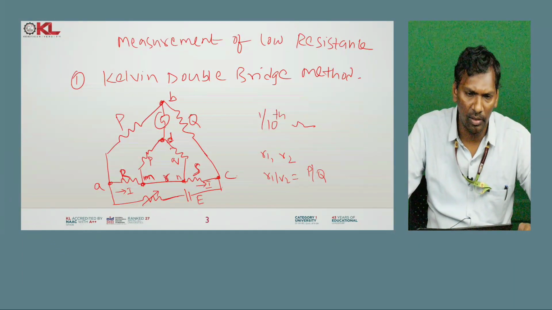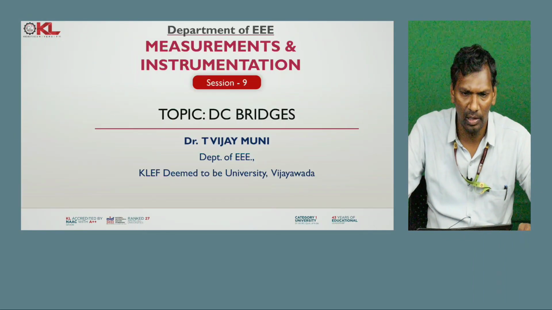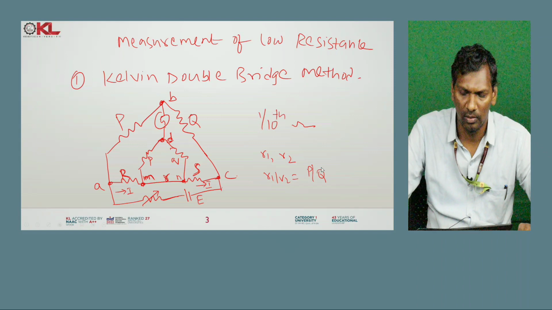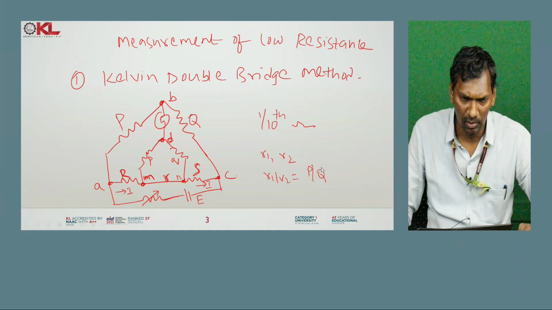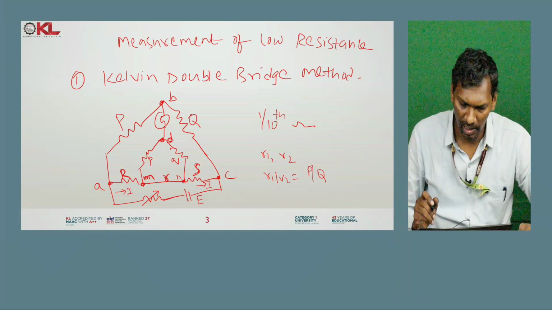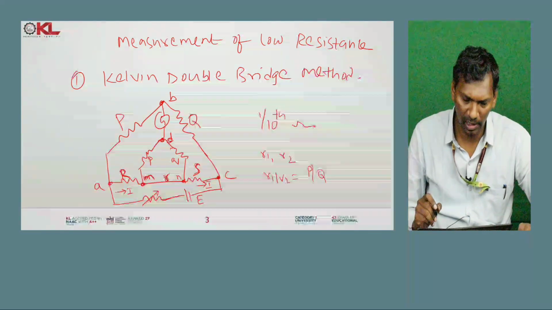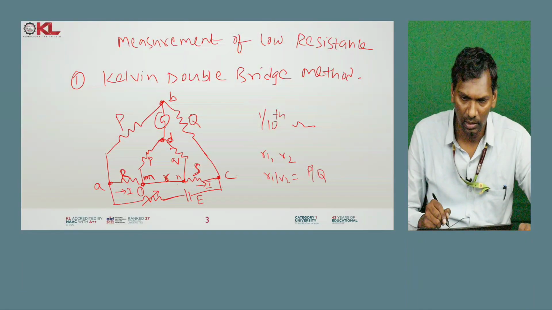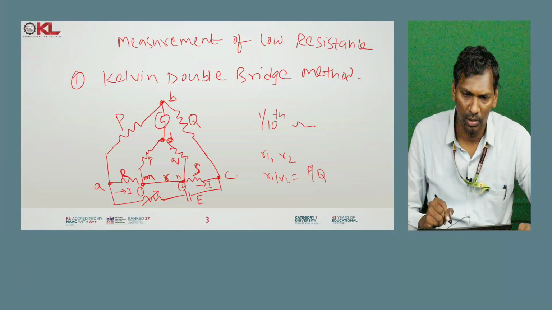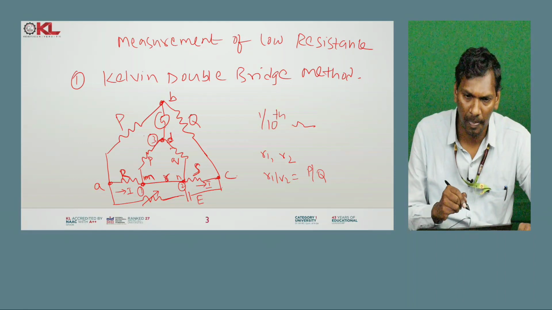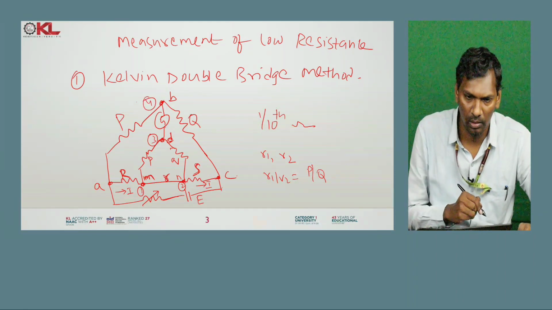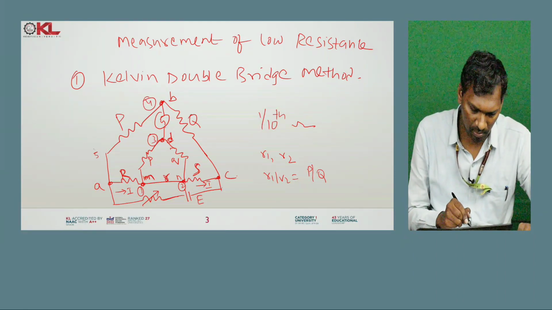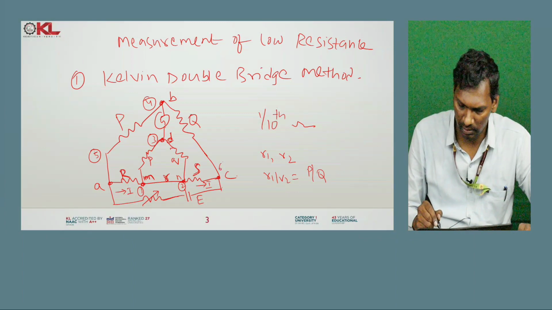Consider the path 5, 1, 2, 6. Here I am not given any numerical values, so let us consider this is 1, this is 2, this is 3, this is 4, this is 5, and this is 6.